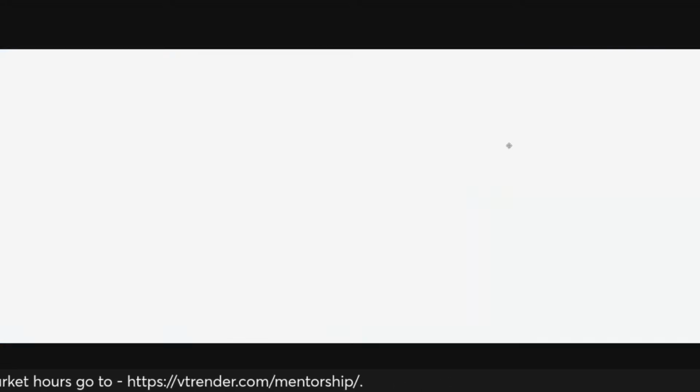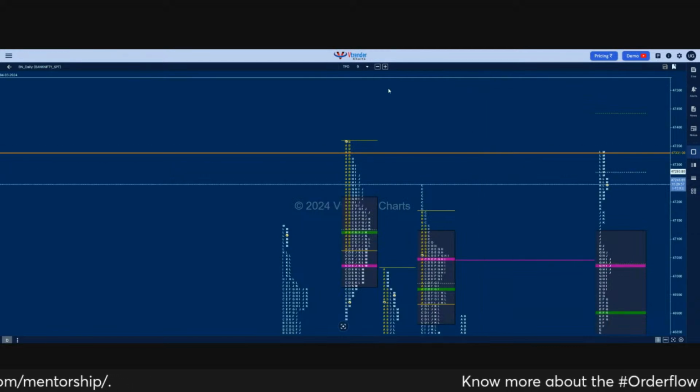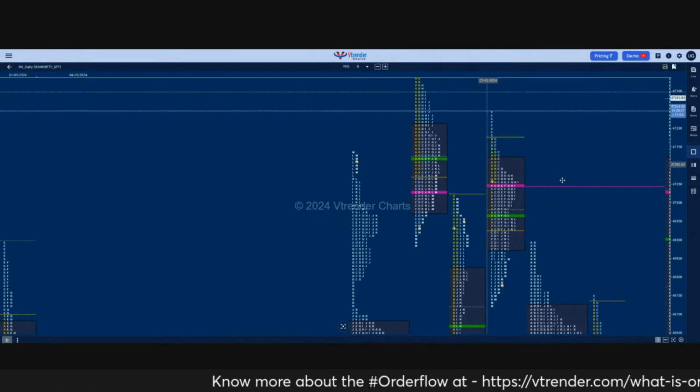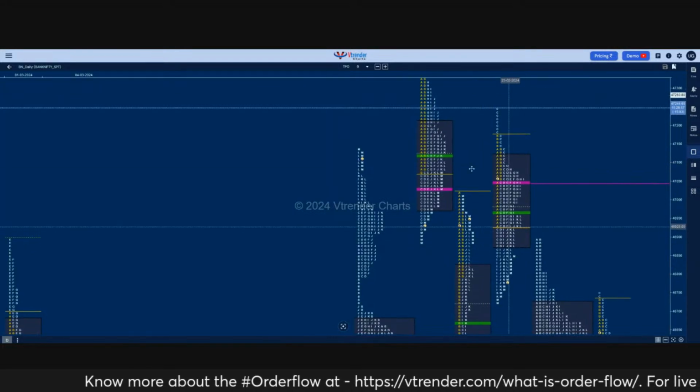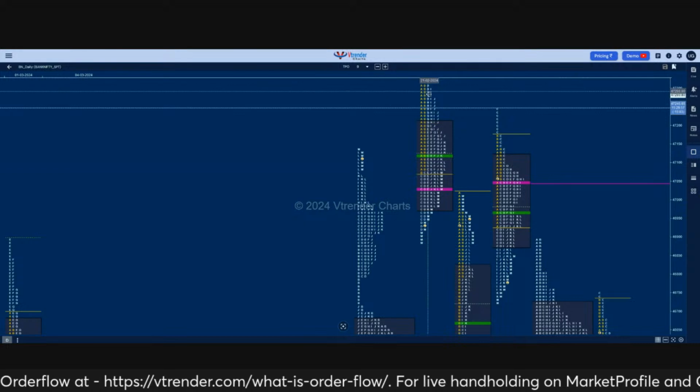So yeah, this is the Bank Nifty spot chart. I'm opening this only to show what the upside objectives could be. Here you can see these are poor highs on the 23rd of February.